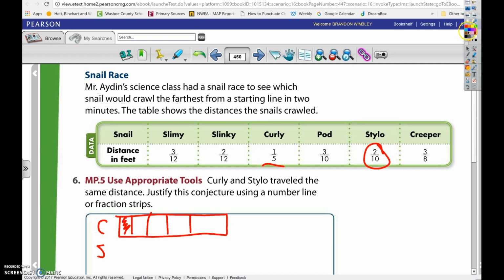If I know my fraction modeling well, I can notice and say, hey, I can split this in half for an equivalent fraction, and here I see 2 parts out of 10. So I see my 1/5 is my red part, and then my blue shows me the 2/10. So I see my fractions are equivalent, and it told me to use fraction strips. So my answer for number 6 is now complete. So let's go on to our next one.